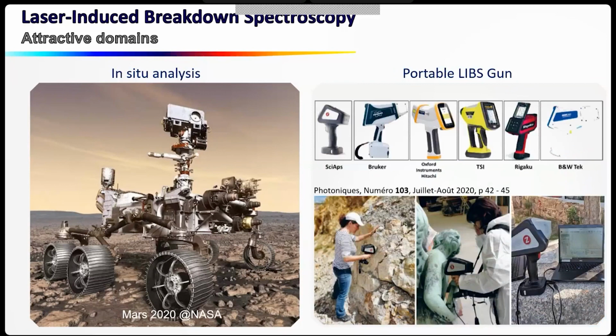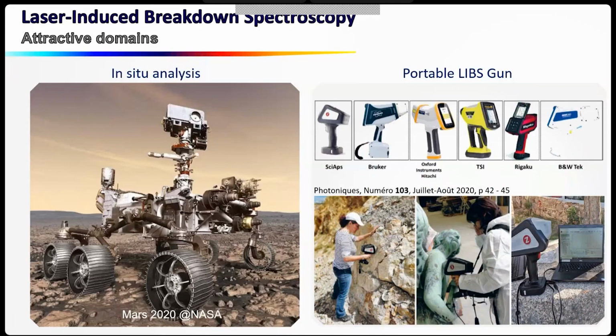In the domain of in situ analysis, there has also been very strong development made by a lot of companies in the last years in the development of the LIBS gun. So you have the possibility to have just a LIBS gun and do a measurement like this. More and more industrials are buying LIBS guns like this that allow you to make prospection.